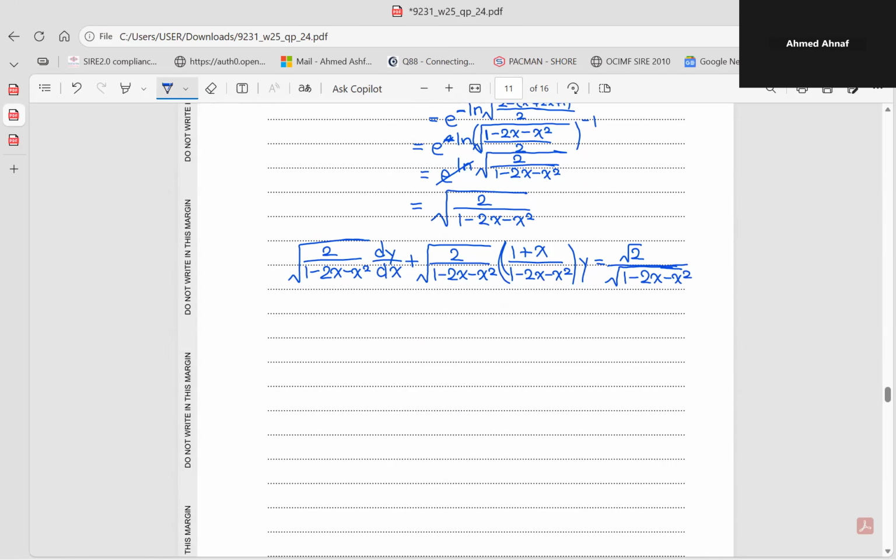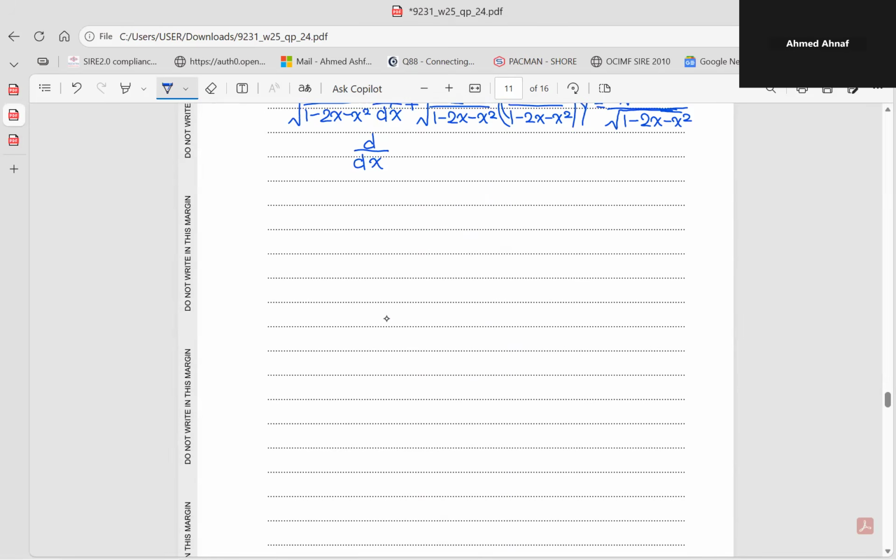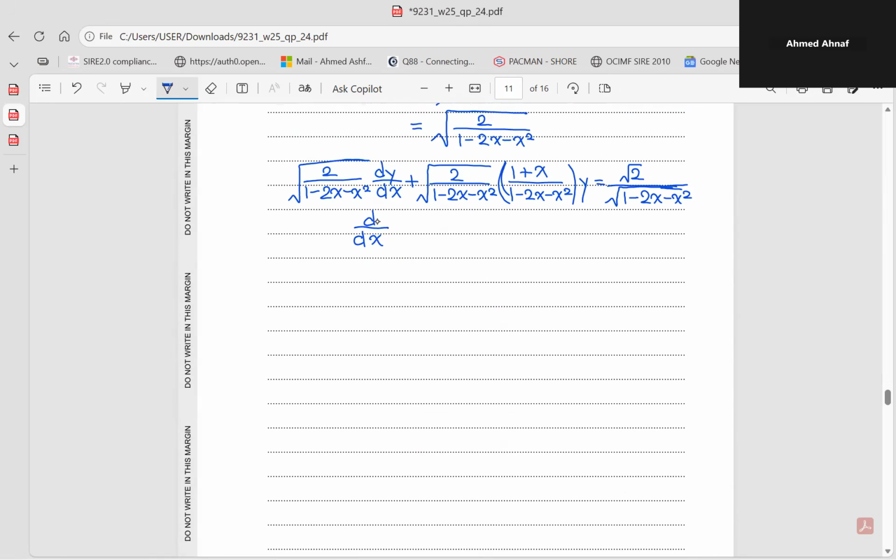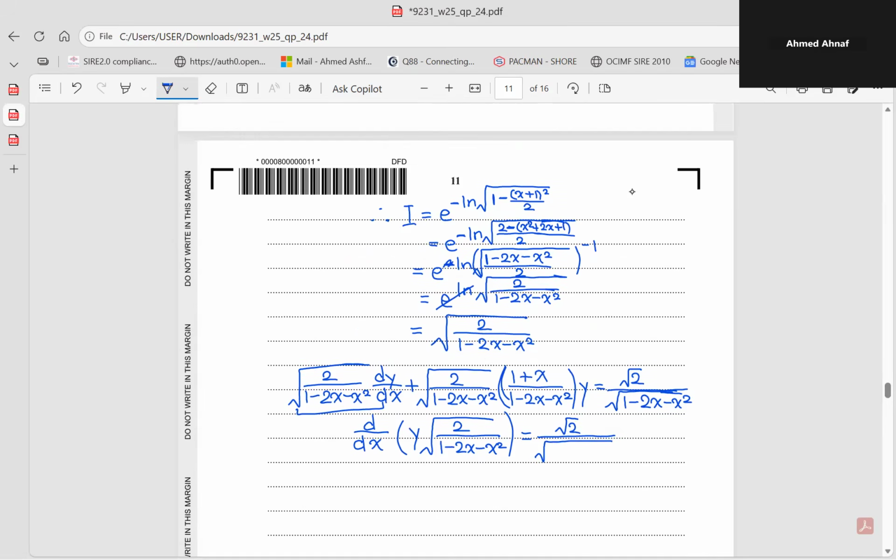Let's differentiate this. We can express this as y times the coefficient of dy dx, which is square root 2 over, let's complete the square for this.